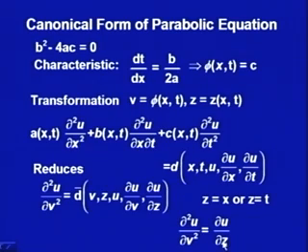Now, if we compare this with our examples, in the second example we had del 2 u over del x 2 minus del u over del t is equal to 0, which was a parabolic equation. In that case this could be called the normal form, or canonical form, of the parabolic equation. That is why we call those examples the typical kind.